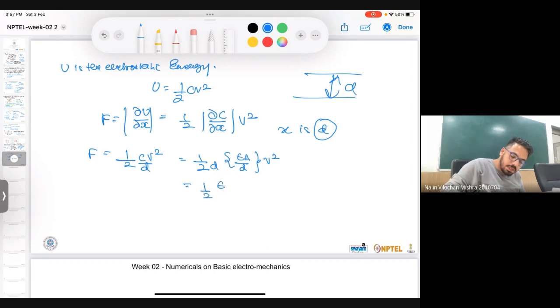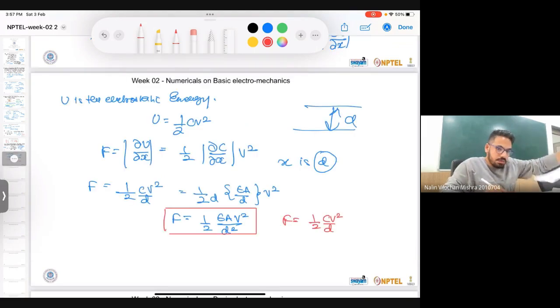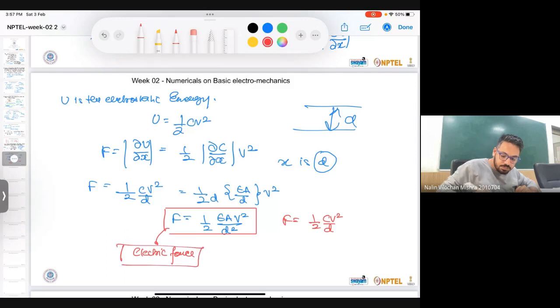So it will be epsilon A V square by d square, or force can be written as half CV square by d. Okay, this is also electrical force.